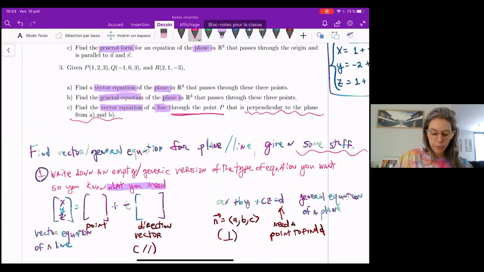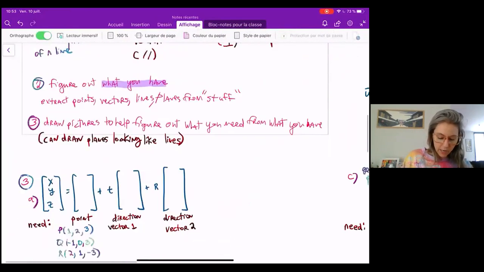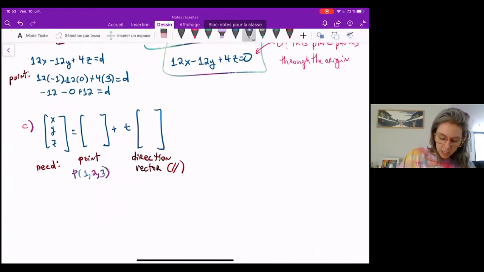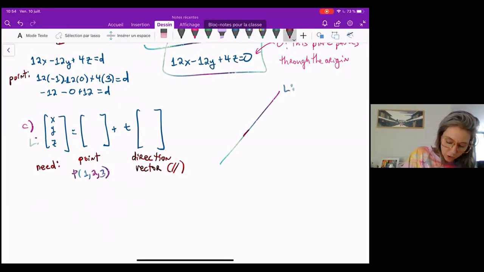Let's draw pictures. So I know that this line right here that I'm about to draw, I'm gonna draw my line in this color. So this is L. And I know that what I need for this line is a direction vector. I'm gonna draw the direction vector on the line because I think that maybe actually helps you to understand a little bit better. I need that direction vector.